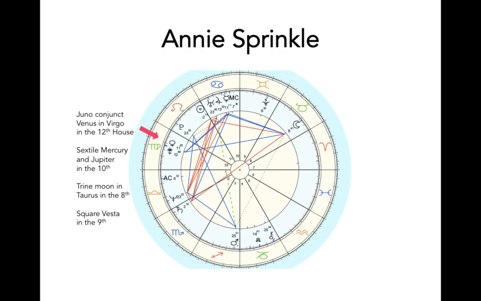So, Annie Sprinkle. Okay, so we know that Annie's ascendant is Libra, and so that makes Venus the ruler of her ascendant, a very important planet. And we know that Venus is in the 12th house, and we know that the 12th house is a place of behind-the-scenes goings-on, right?